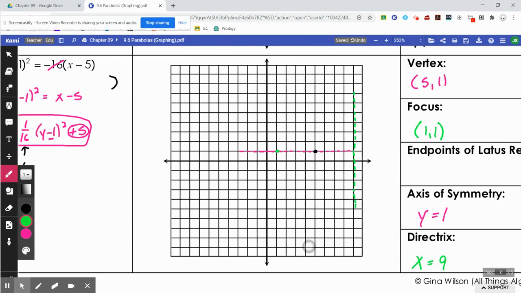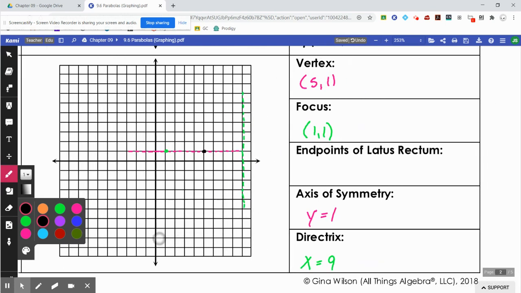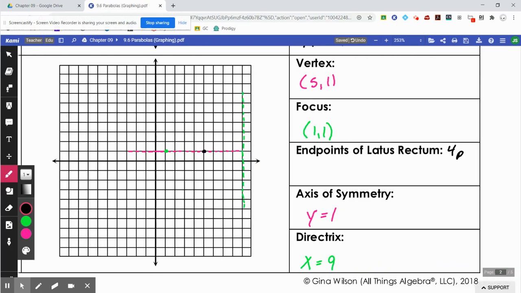Last thing, let's go ahead and find the latus rectum. And again, you can just plug in values and get other points on this parabola. But let's go ahead. The length of the latus rectum is going to be 4p. Since the value of p was -4, and again, we're only worried about the absolute value because we're talking distance, the length of the latus rectum is going to be 16. So what I'm going to do, I'm going to find my focus, and I'm going to go 8 on each side.